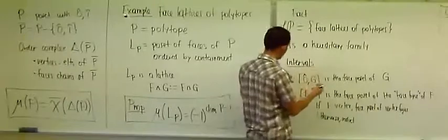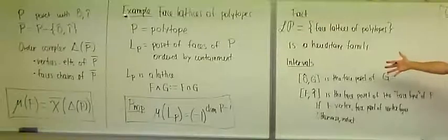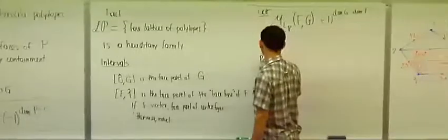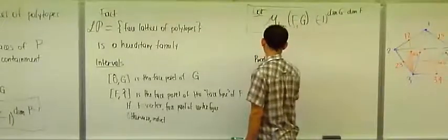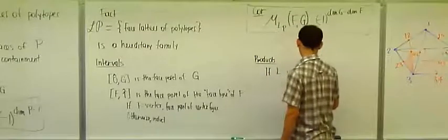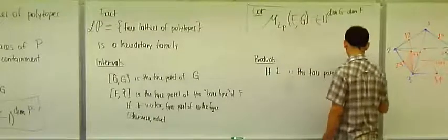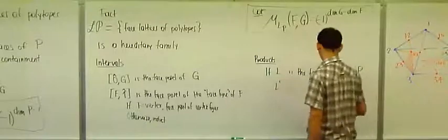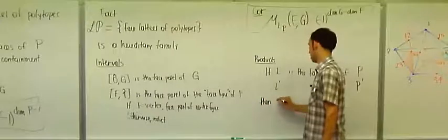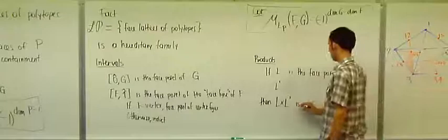But while we're at it, intervals, we should also see that this means that this family is closed under taking intervals. But now let's look at products also. So if L is the face poset of a polytope P, and L prime is the face poset of a polytope P prime, then I would like to claim that the product of these two posets is the face poset of something.